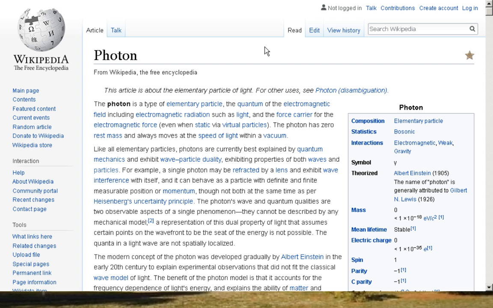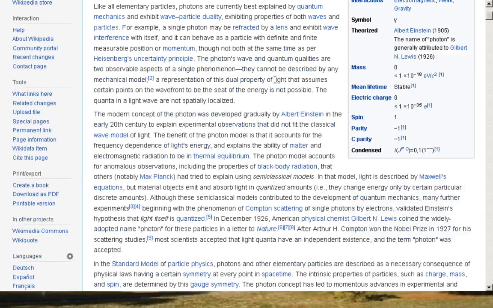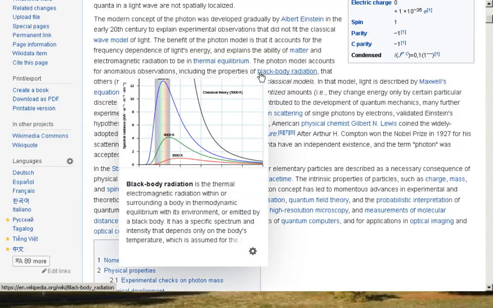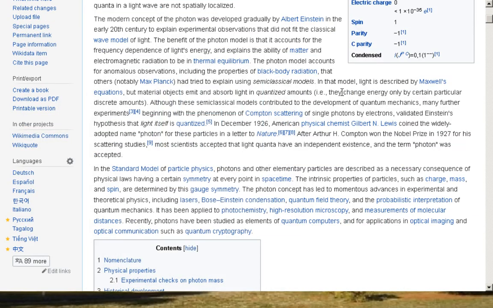how we can. A photon has zero rest mass and always moves at the speed of light within a vacuum. The photon model accounts for anomalous observations, including the properties of blackbody radiation, that material objects emit and absorb light in quantized amounts. That's discrete energy levels.